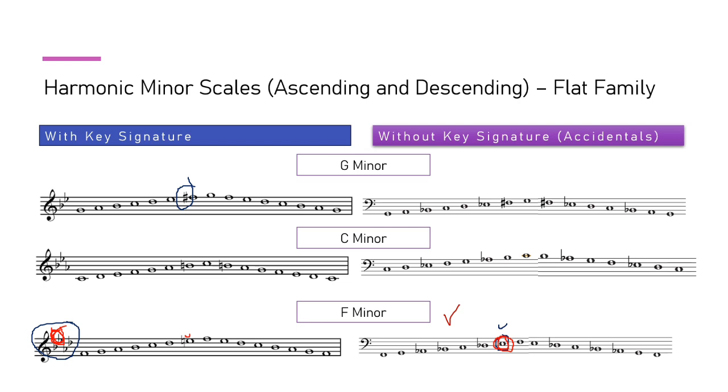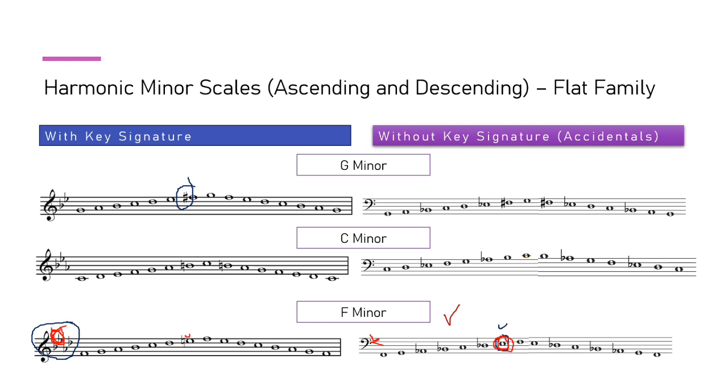It's not in the key signature. So it means we can just remove it and not add any natural sign. Just leave it natural as it is. I know it's natural. So please know the trick between this. If you have the flat in the key signature and you want to sharpen the seventh note, you have to add a natural sign.